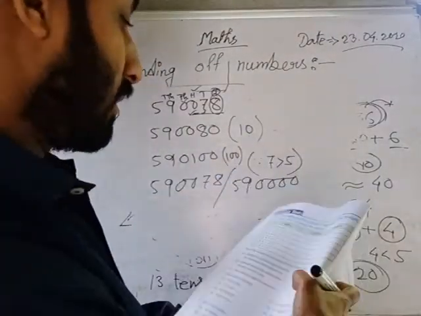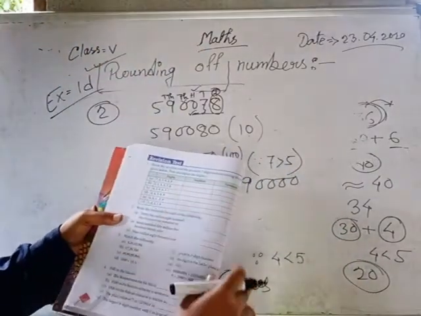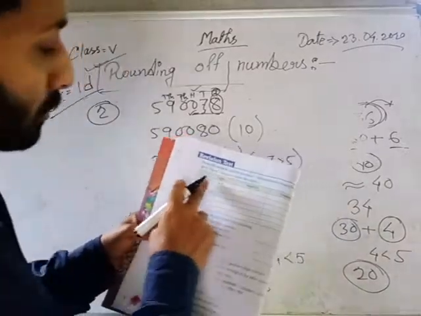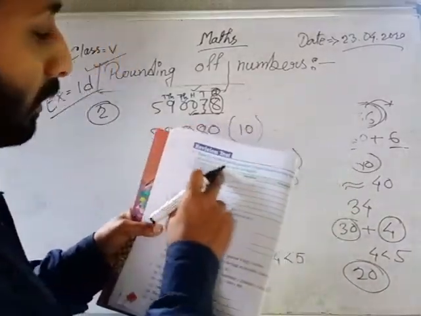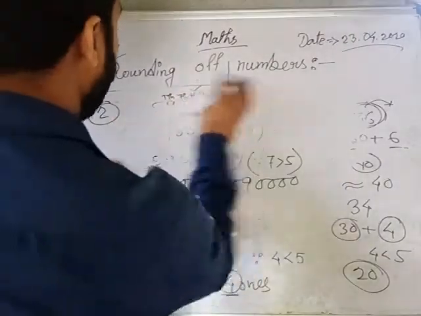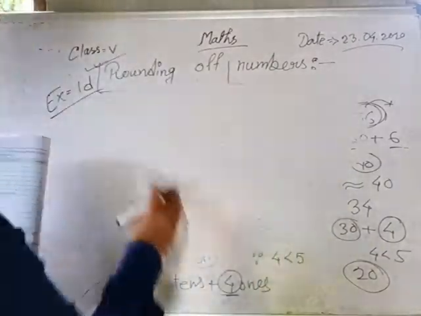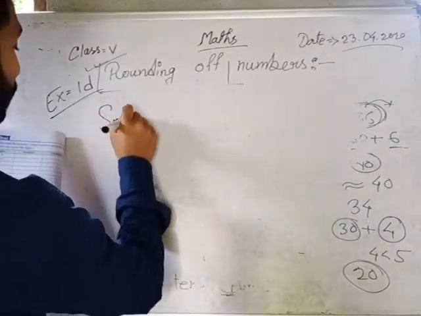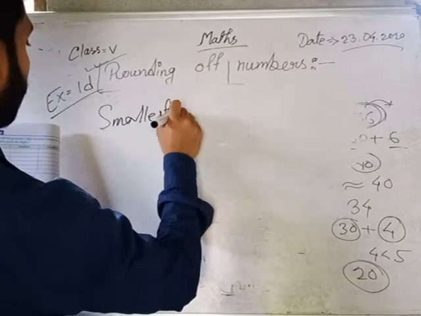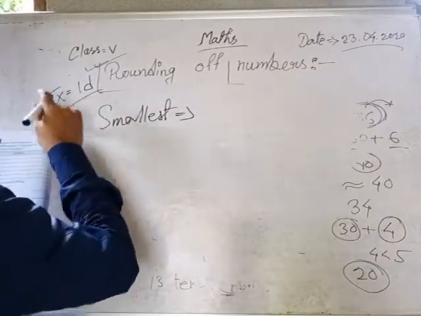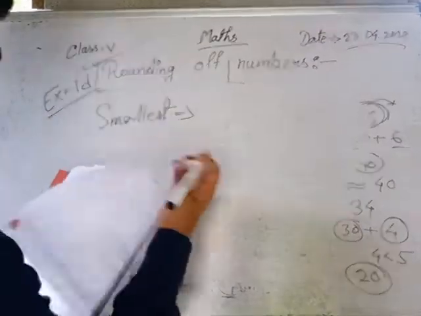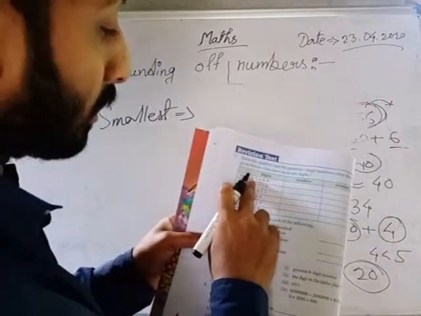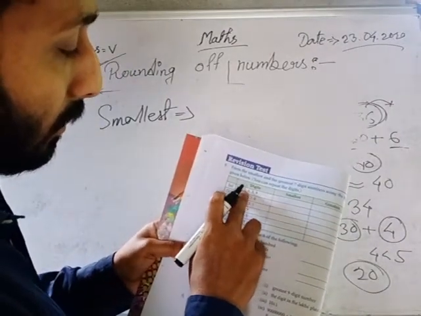1D. What is the greatest and smallest number for these digits? Formation of the smallest and greatest number with the digits. Smallest: at first, we find the smallest digit, 0.